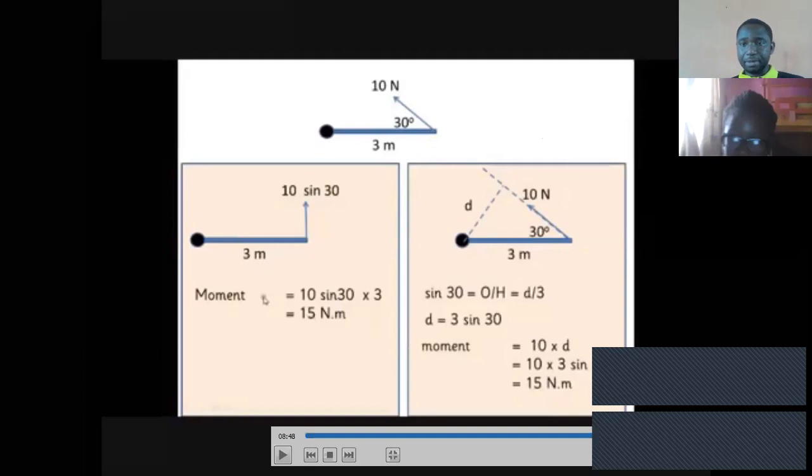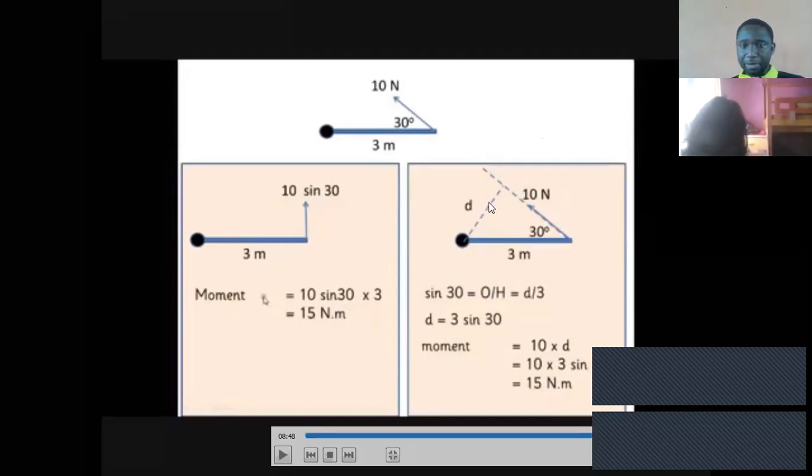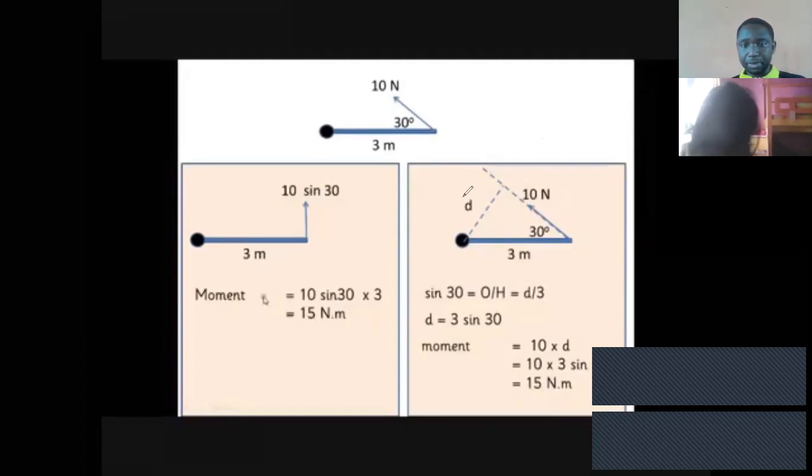What I just did here, the second one, was just to extend the line, the 10, extend it until it gets to this place. Now we are looking for this D. Now that becomes what relates opposites.